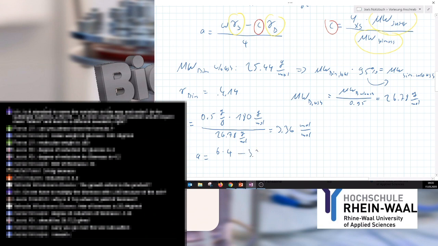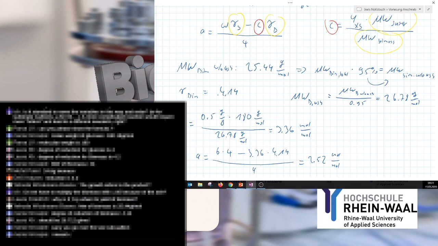C we have calculated being 3.36 mole per mole, times the degree of reduction of our biomass, which is 4.14, divided by 4, and we get 2.52 mole per mole. So this 2.52 mole per mole means that per mole of glucose we need 2.52 moles of oxygen to produce biomass in this reaction.